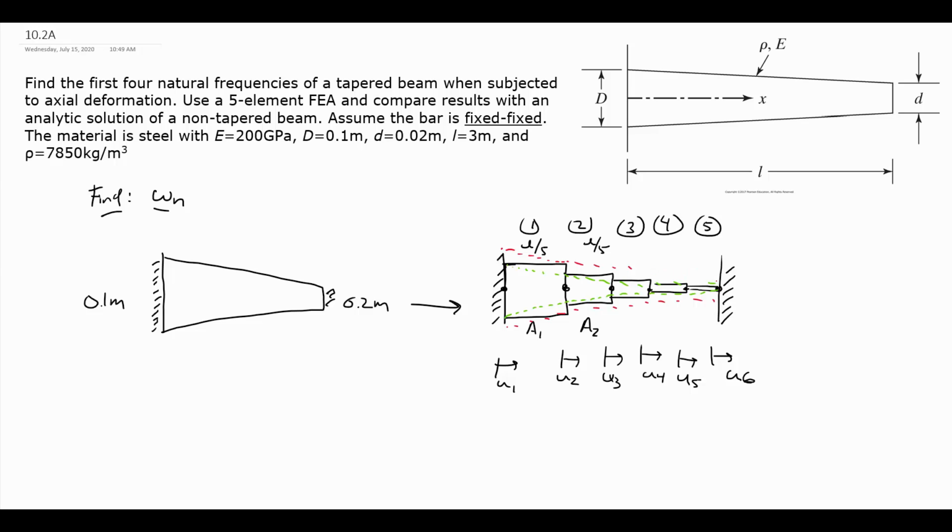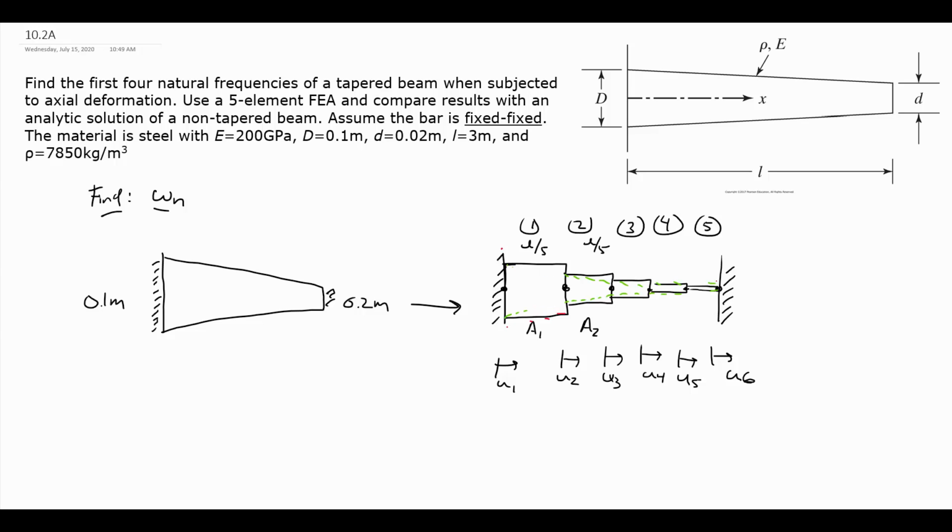And really, once we use a lot of elements, it's really not going to matter, because as the element size or length gets really, really small, that difference between the actual area of that slice and the approximate area of the slice is going to go basically to 0. But when we only use 5 elements, we will see it makes a big deal. So what I'm going to do instead is actually split the difference.